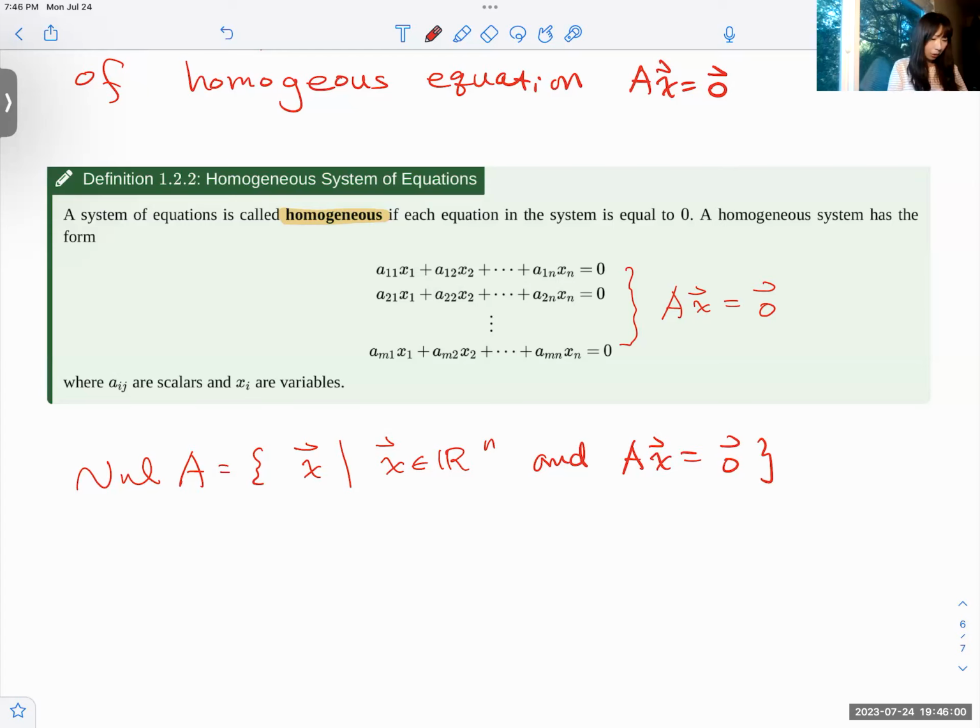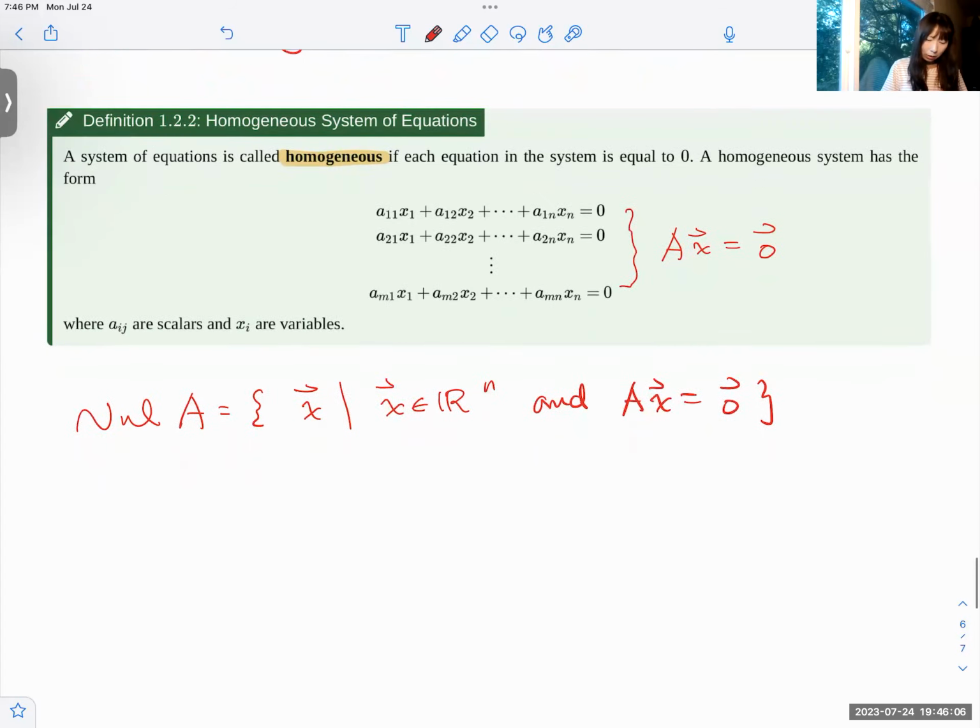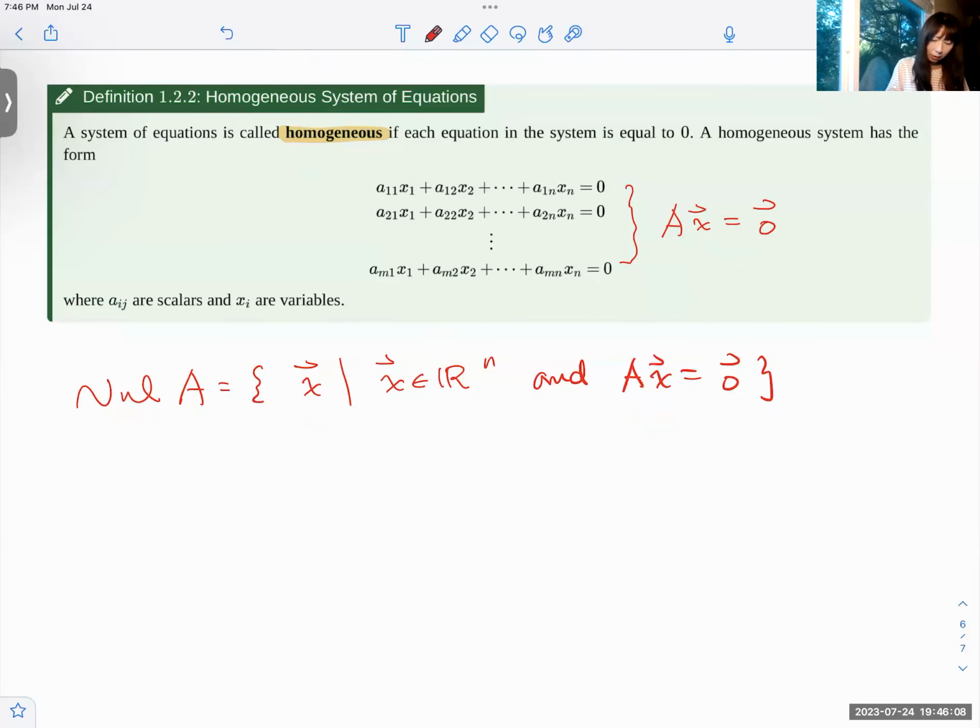All right, so let us do this one. Let's show that the null space is a subspace.